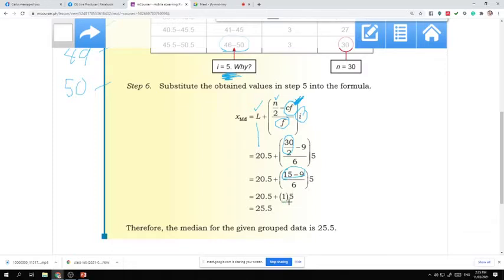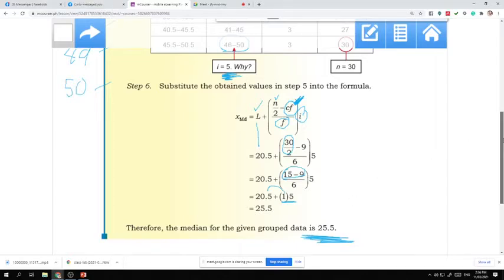Then you multiply it to 5, then you add the result to 20.5, that's 25.5. Therefore, our median is 25.5. Section Galileo, is this clear?